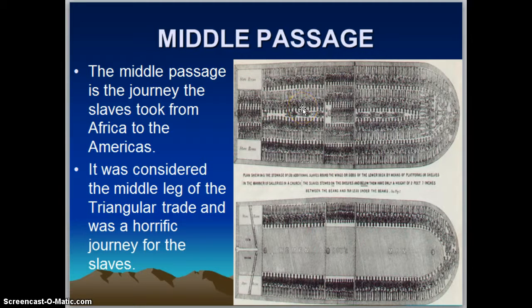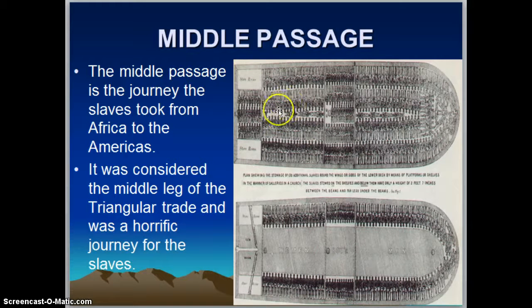They were chained together. Unfortunately, if somebody had passed away in the middle there, you were probably lying next to or very close to a dead person for a little while. They were also not given restroom breaks. There were no toilets on the boat. So if you had to go to the bathroom, well, you were doing it right there in the area that you slept.